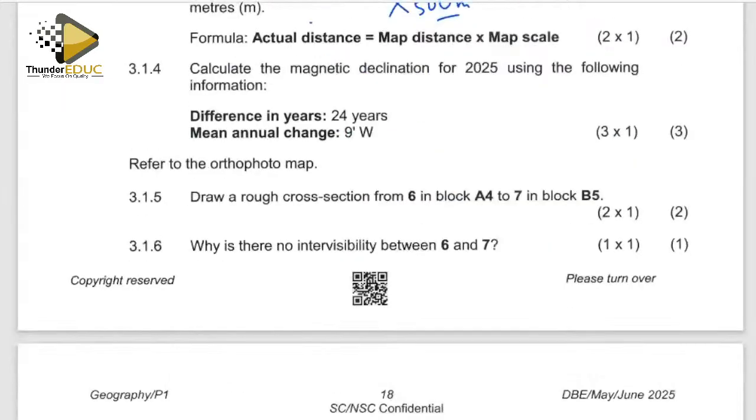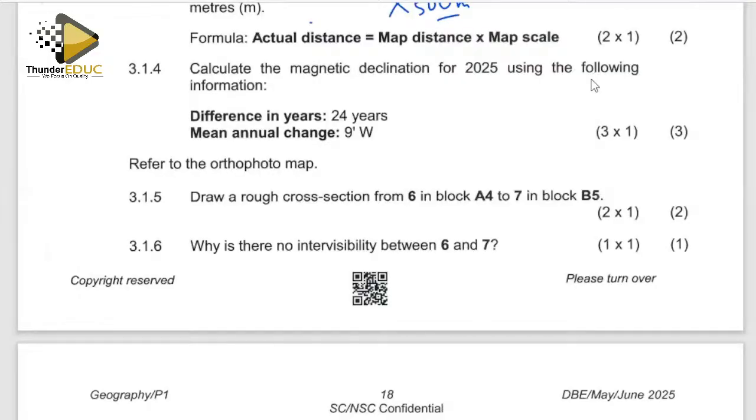Right, then the next question is saying calculate the magnetic declination for 2025 using the following information. Difference in years: if you check on the map information, that map was produced 24 years ago, and the information there is for the last 24 years. So it means the difference in years will be 24 years from the year on the map to 2025. Then the mean annual change, you also check there.